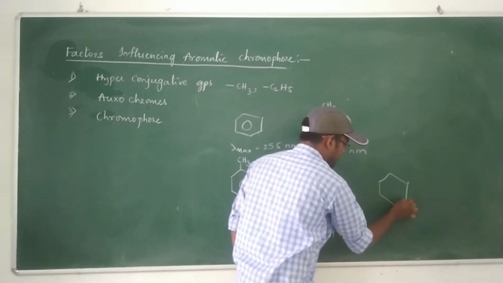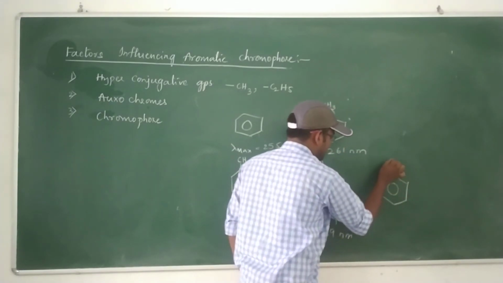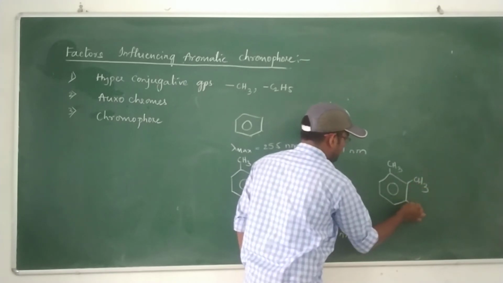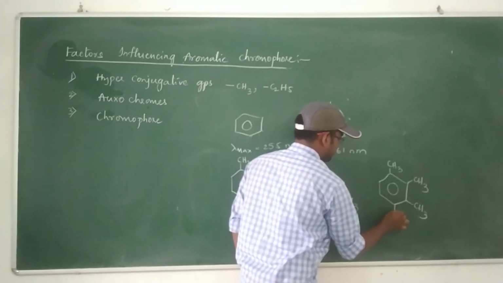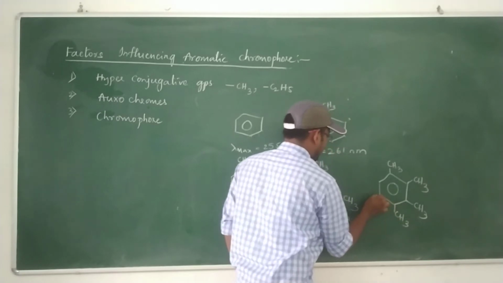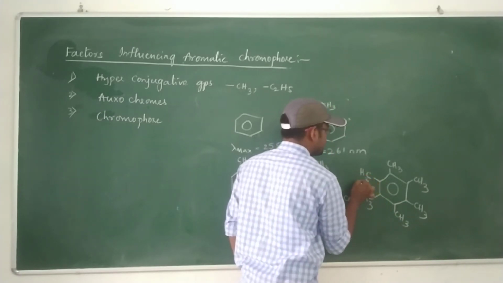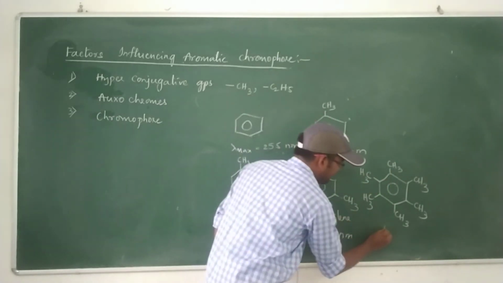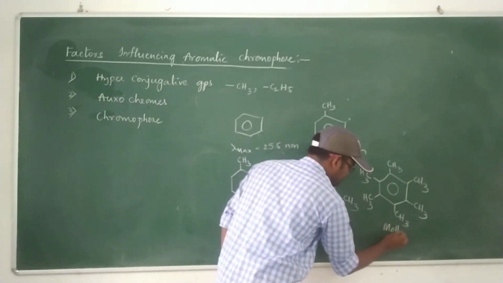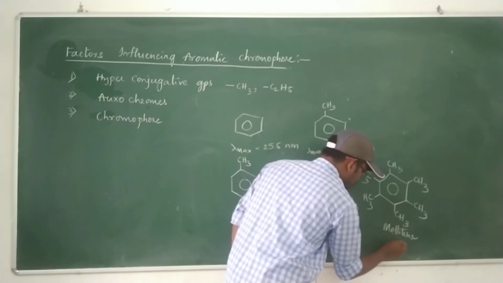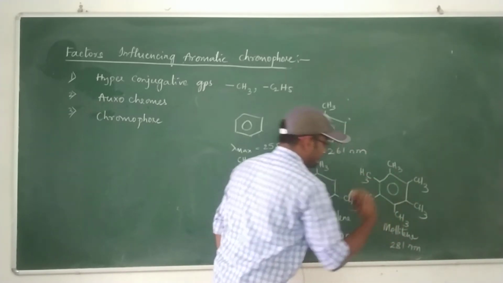And finally, hexamethyl benzene, also known as mellitene. Mellitene has 281 nanometers lambda max.